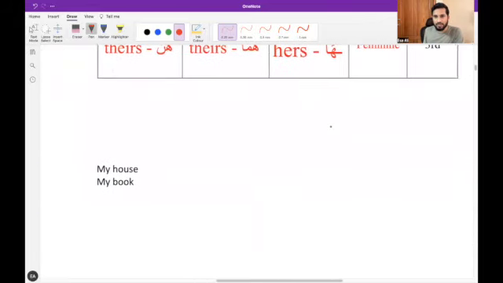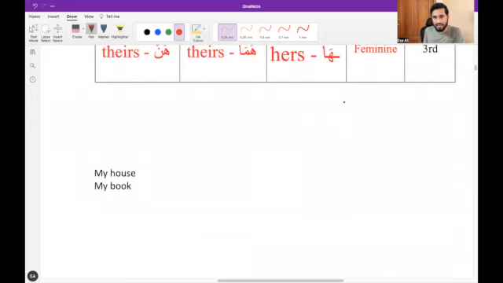If we were to take the word kataba, kataba, this means to write. It literally means he wrote, but let's just say for now that this is to write.